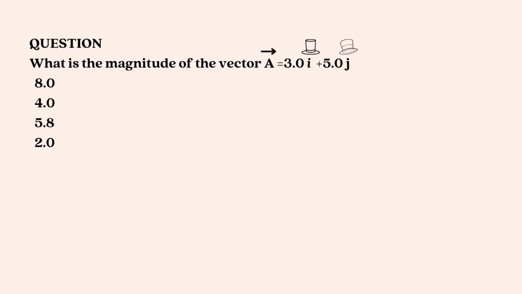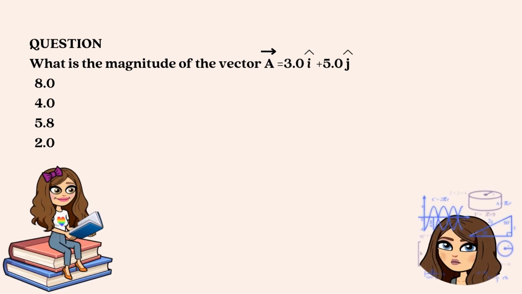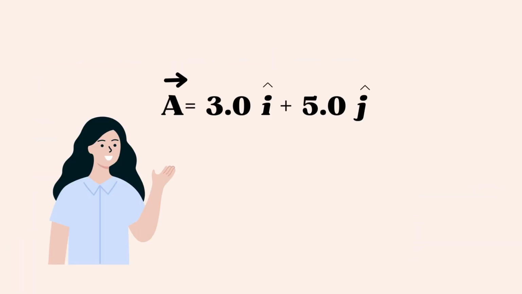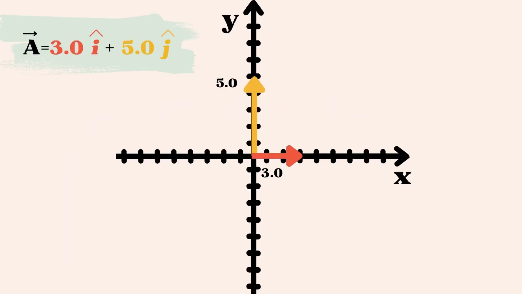Okay, so you're presented with vector A that has a length of 3.0 across i direction, across x direction, and 5.0 across y direction, expressed with j hat. You are asked to calculate its magnitude alone.